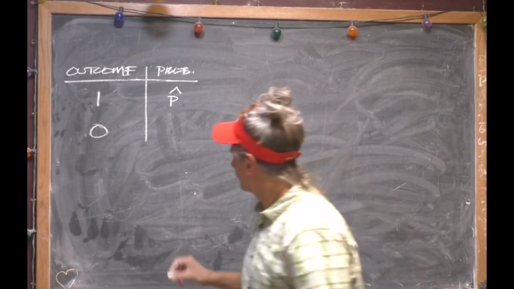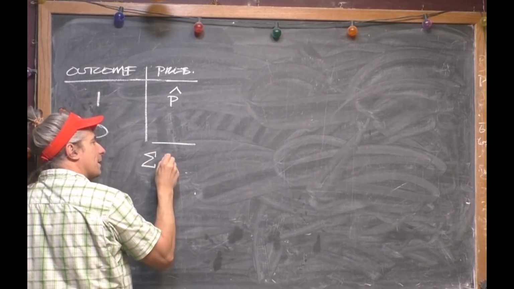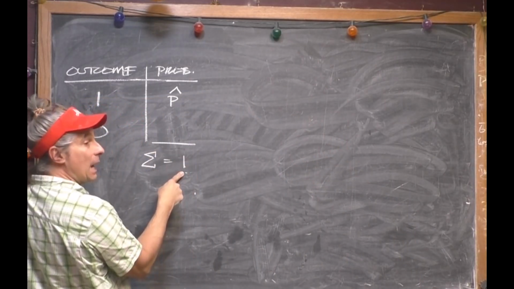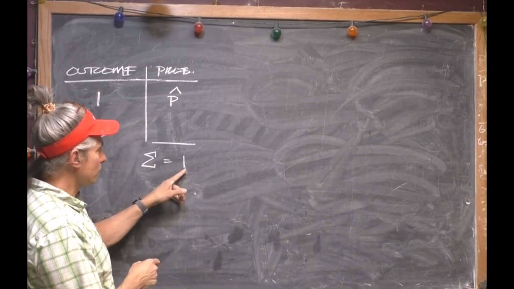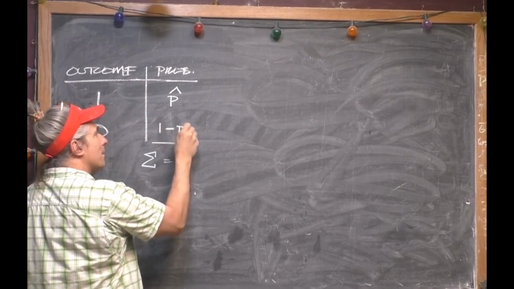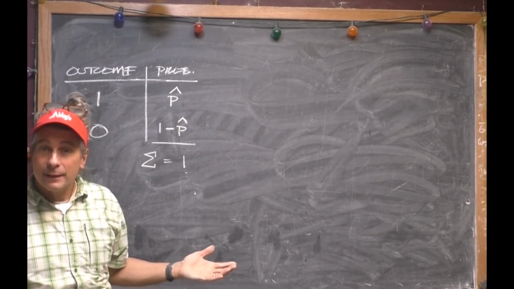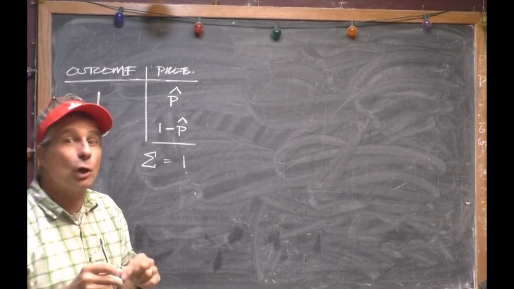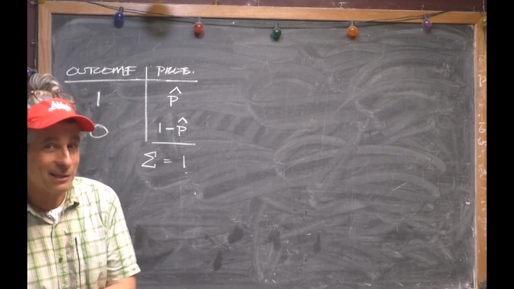Hopefully you're seeing that if you add these probabilities together, they add up to 1 every time. They have to. It either happens or it doesn't. 100% of the time. So that means to find this remaining piece, it's 1 minus whatever that one is. That should make sense. It's a little bit algebraic, but it's also general, which is why we like algebra. It's arithmetic, but generalized arithmetic.